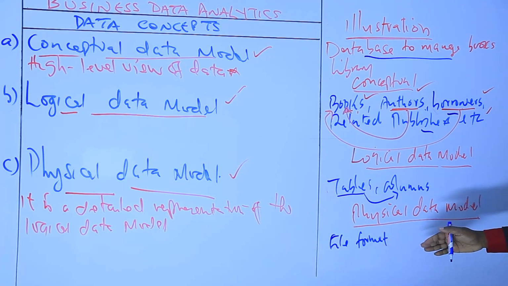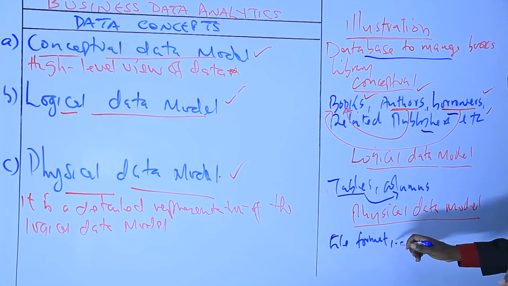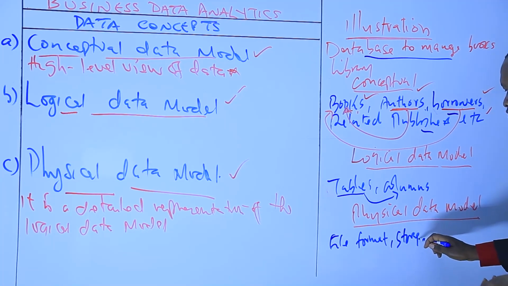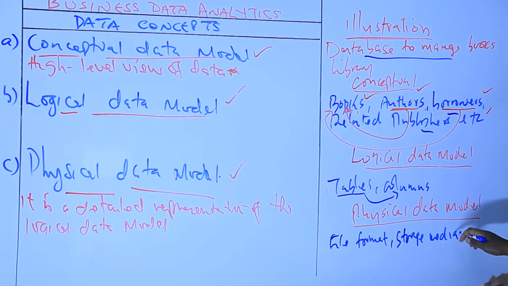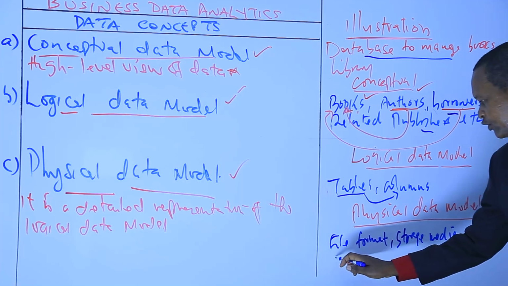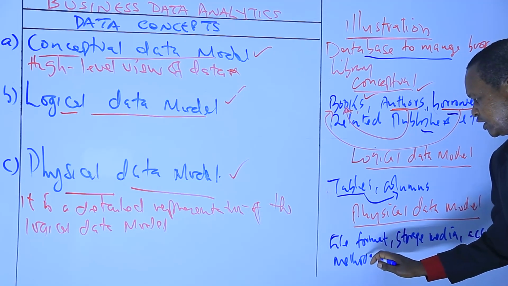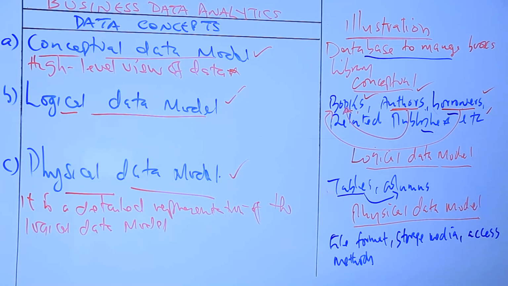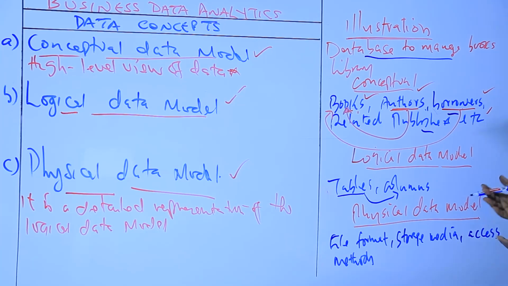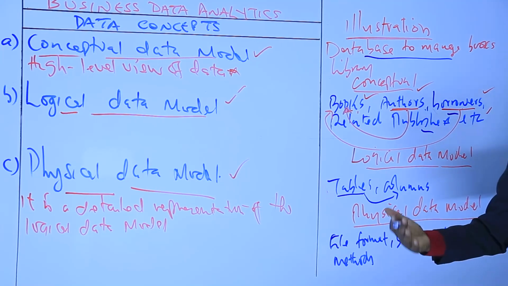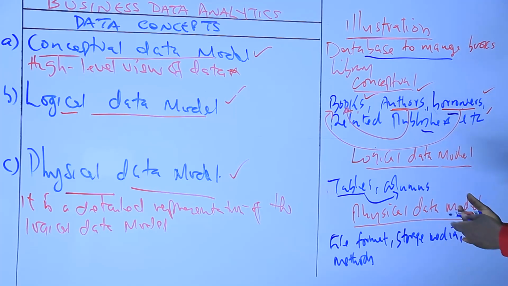This is very important. We may have the storage media. It has to specify the storage media. There could also be information on access methods. Okay, so the physical data model will specify the physical implementation.